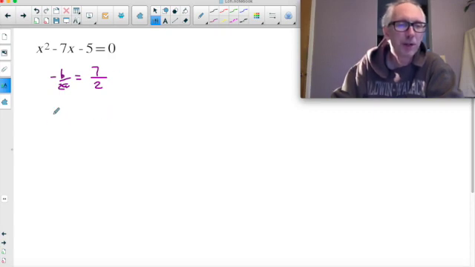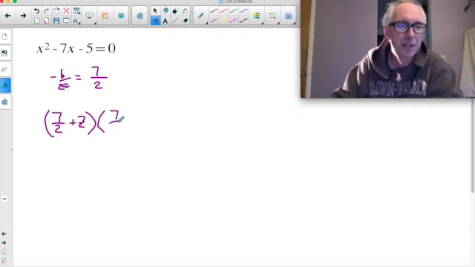So therefore, we're going to have roots at the axis of symmetry plus z and the axis of symmetry minus z. And when we multiply those together, that will equal c, which in this case is negative 5.